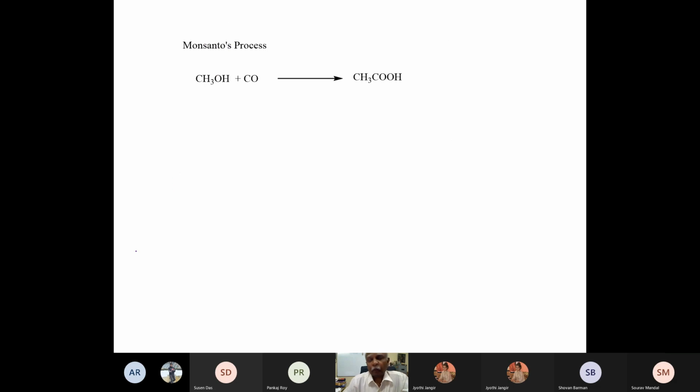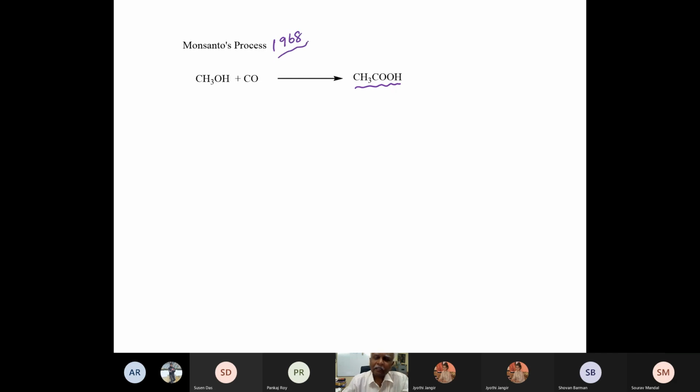I will start with the Monsanto process. The Monsanto process, like I said in the very first class, generates acetic acid by a simple insertion of carbon monoxide into methanol. The Monsanto process, I think, started somewhere around 1968.